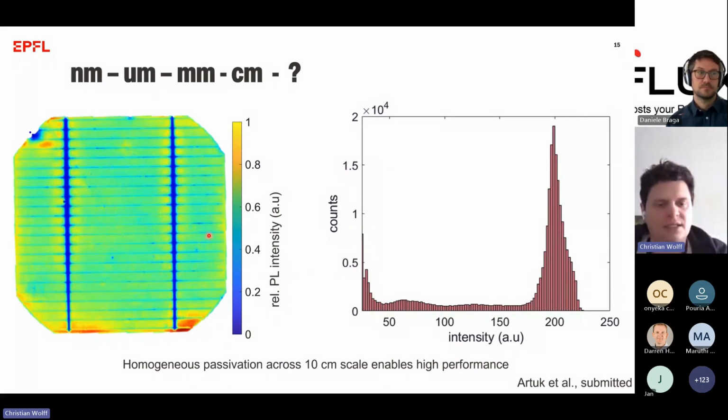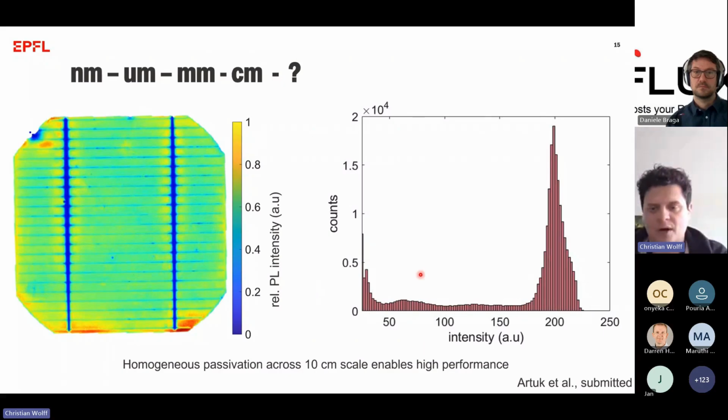And what we can see are a couple of things. So we have these blue stripes, right? These are the bus bars. Then you have the thin blue stripes. These are the finger lines to collect the charge carriers that are photogenerated. And then there are a few futile spots where we still have imperfect passivation and/or some sort of damage that happened to the perovskite. But overall, it's a very homogeneous emission, which you can also see if you take a look at the histogram, right?